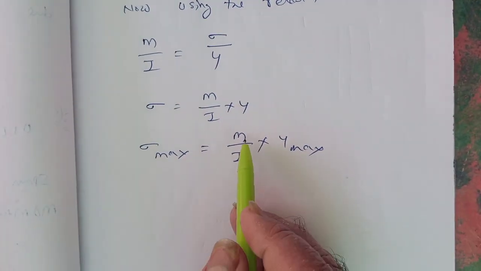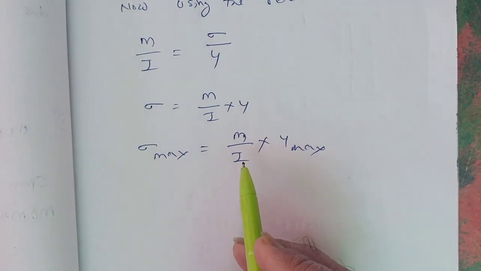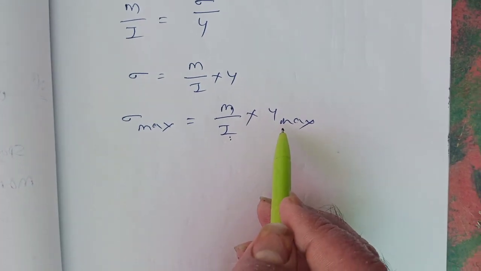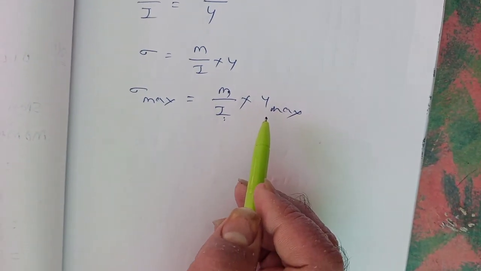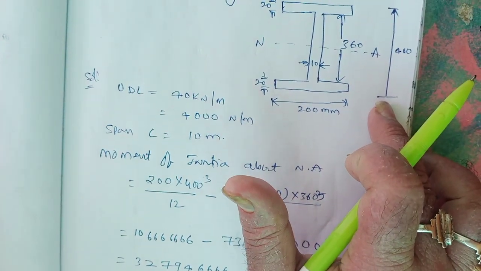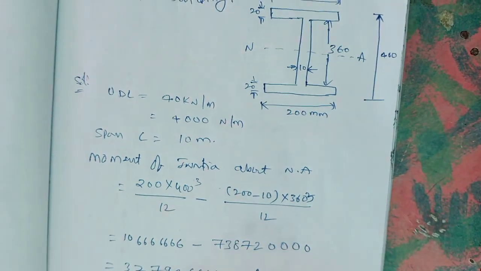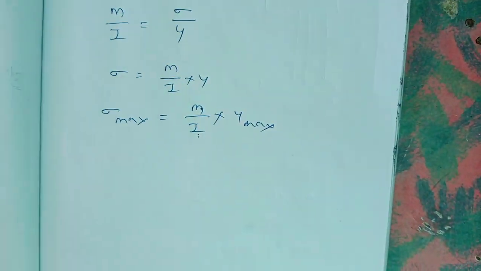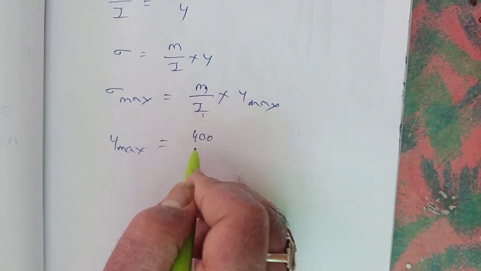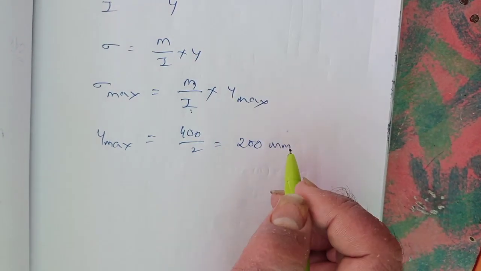Here we have calculated M, the bending moment, and next I, the moment of inertia, and y max is also known. The total height is 400, so y max is 400 by 2, it is 200 mm.